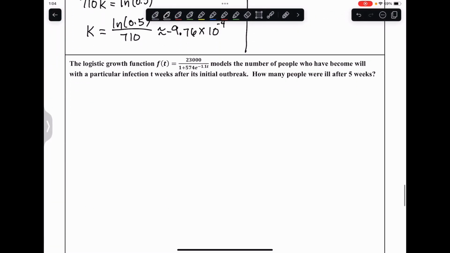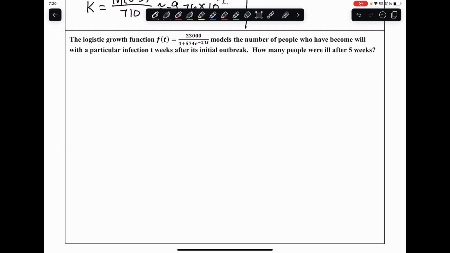Now moving on to the last problem here. For this logistic problem, you'll simply have to evaluate. Here we have this logistic growth function that models the number of people who have become ill with a particular infection, where T represents the number of weeks after its initial outbreak.